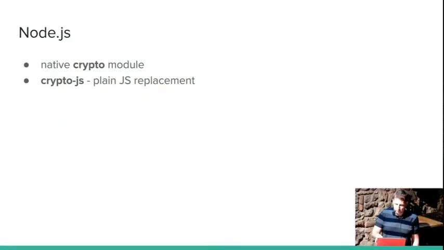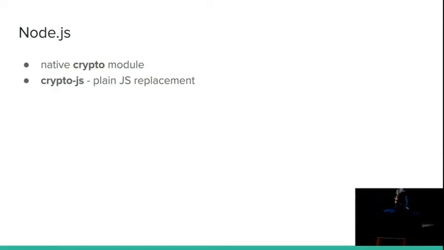Anyway, now about some support from the stack that we are used to using. Node.js has a native crypto module which supports most of the algorithms that you can think about out of the box. So that's probably the stuff you should look for.